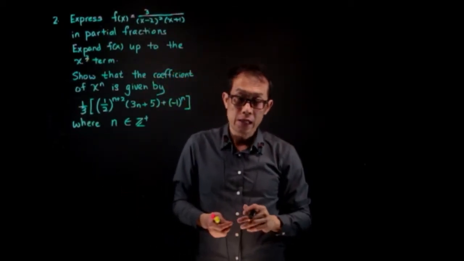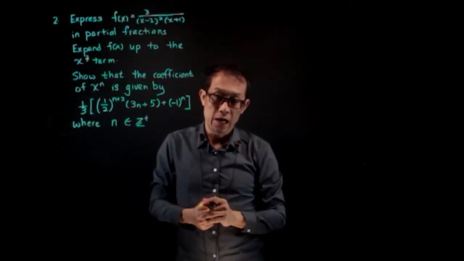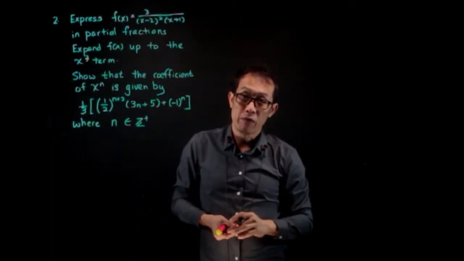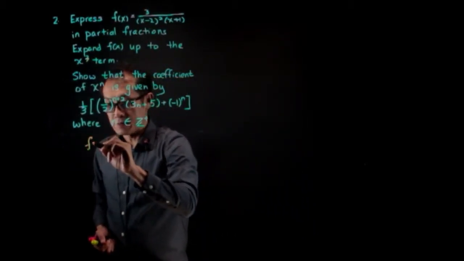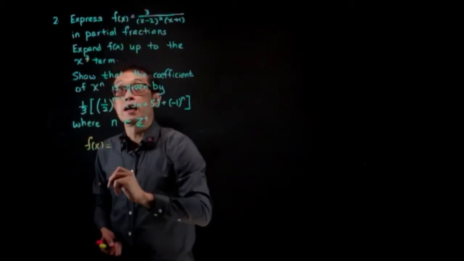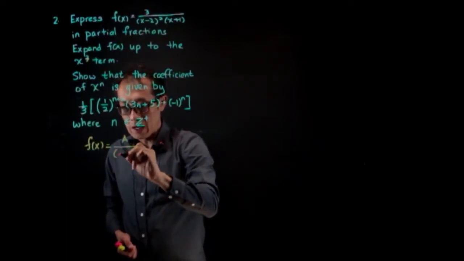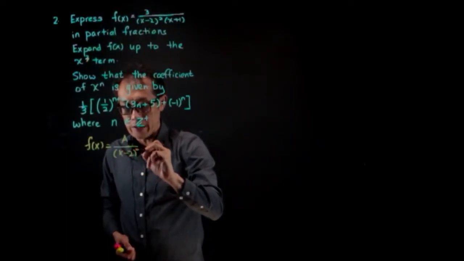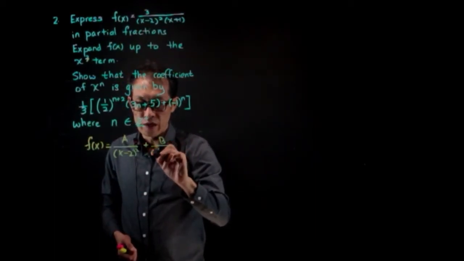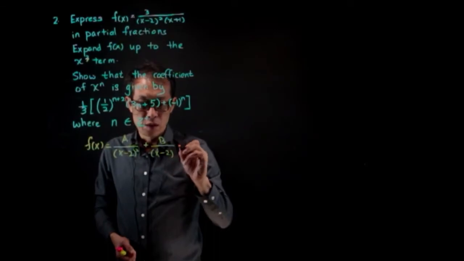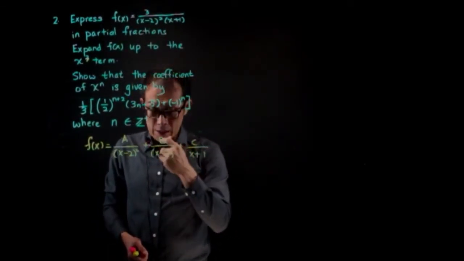Now we learned in Sec 4 how to break down this expression in the form of partial fractions. Now f of x can be written as a over (x minus 2) squared plus b over (x minus 2) plus c over (x plus 1).